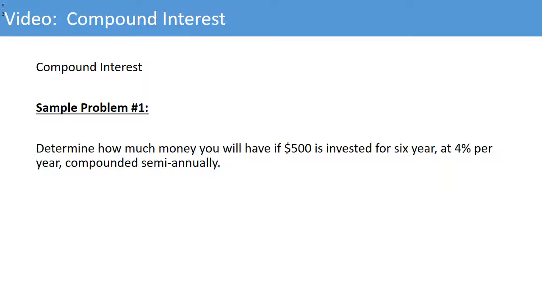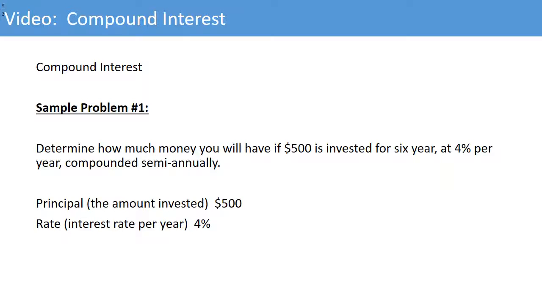Here is a sample problem. How much money will you have if you invest $500 for 6 years at 4% per year, compounded semi-annually? Now, the principal amount is the amount we invest, $500. The rate is the rate per year, 4%.